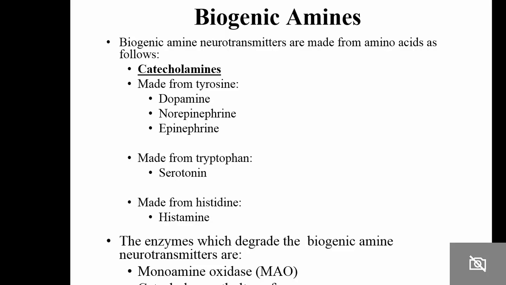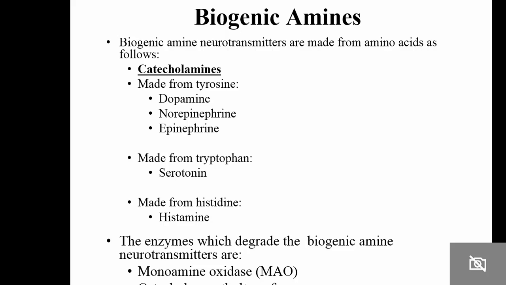Remember, the biogenic amines are dopamine, norepinephrine, epinephrine, serotonin, and histamine. These can be degraded by one of these two. This is the same type of molecule, an enzyme, as acetylcholinesterase is. Acetylcholinesterase breaks down acetylcholine; MAO and the transferase break down these molecules.